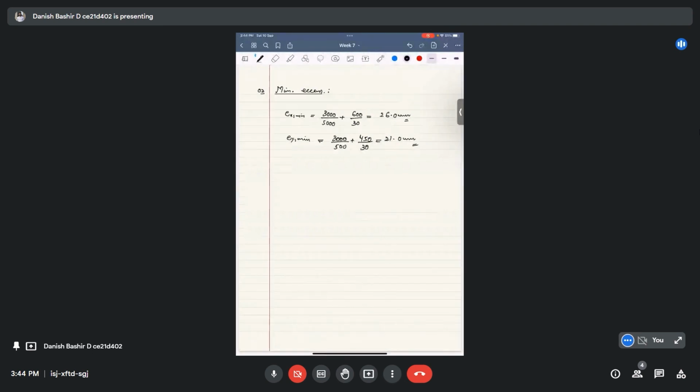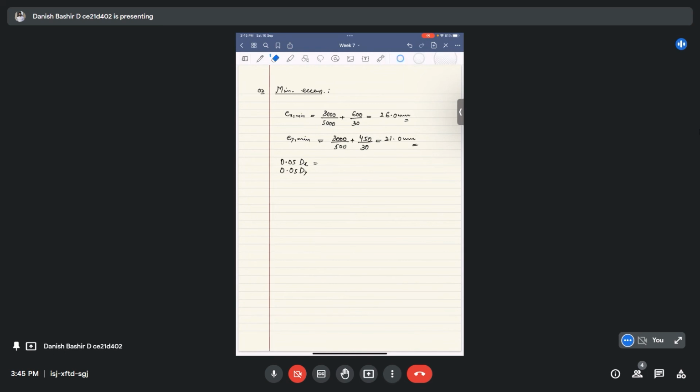As per the code, the eccentricity limit that we have to take is 5%. 5% will be 0.05. We have to check 5% of both these lateral dimensions: 0.05 of dx, and 5% of dy as well, 0.05 dy, as the eccentricity for designing it as an axially loaded column.